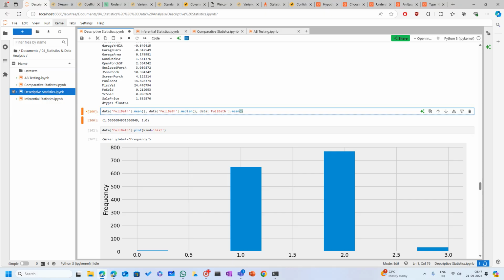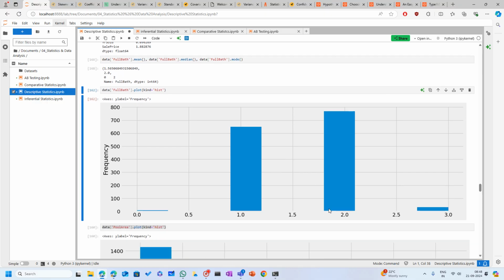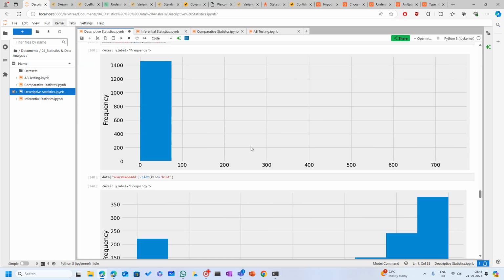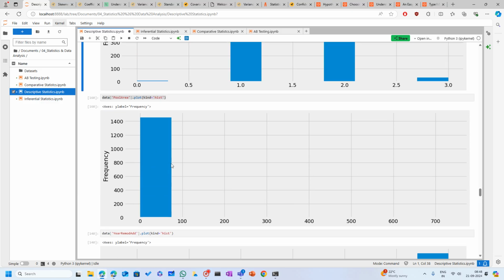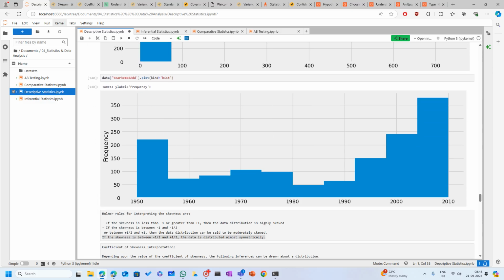And mode is also 2 only. So if all three values lie towards the center, then it is symmetrical. If all the values lie on the left side, then it is left skewed or positively skewed. And if all the values lie towards the right, then it is right skewed or negatively skewed. Clear?